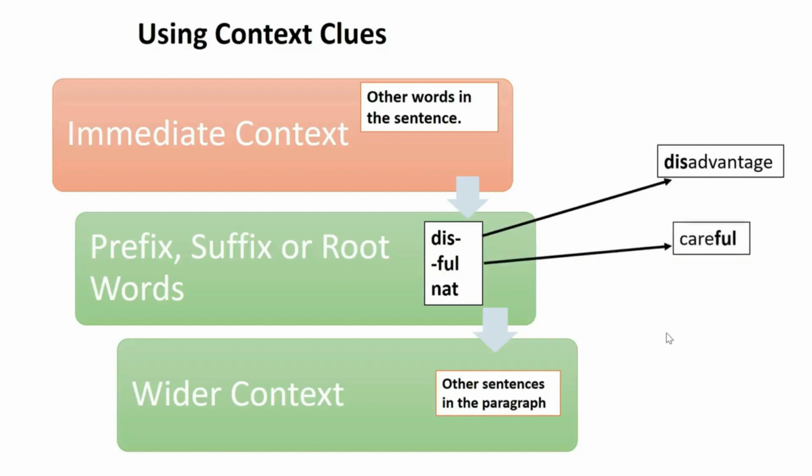For careful, we have ful, full, which is the suffix. And also for nationality, that which will help us understand the meaning of nationality is nat, N-A-T, which is the root word of nationality. And thirdly, we can use a wider context, and that is if you have a question where you have a paragraph, so you can use other sentences in the paragraph to guess the meaning of the word in question.